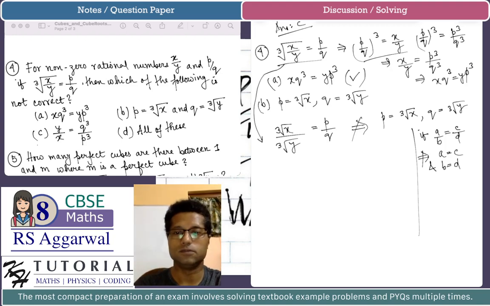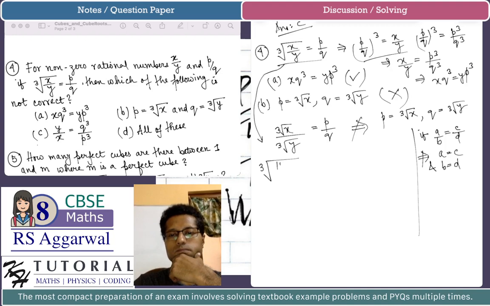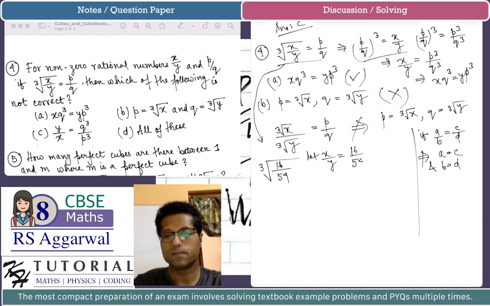Because choice B is a false, incorrect statement. Take an example. Let's say the cube root of 16 by 54, that is, let x by y equal 16 by 54.